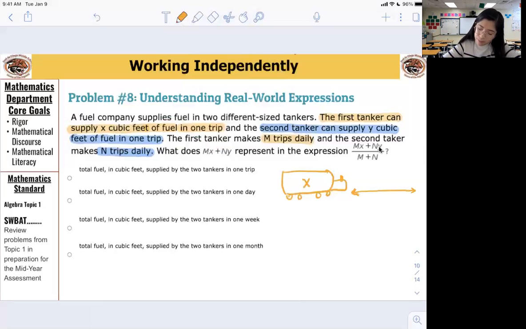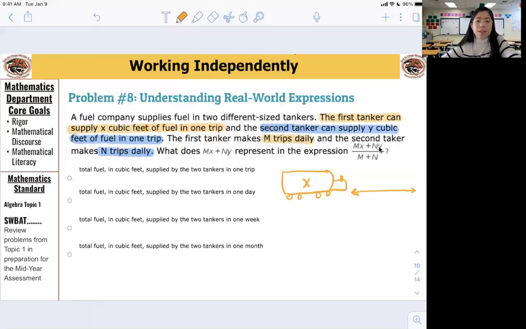And in 1 trip, how many trips does it make each day? How many trips does the first tanker go on every day? 7? I don't see a 7. It doesn't say.